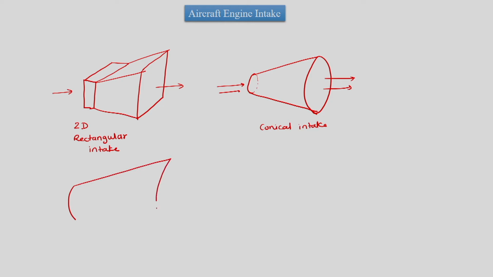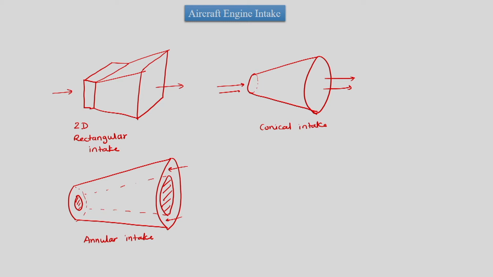This cone would have a passage which is an annular passage, and flow goes through the annular passage and does the necessary pressure rise. So this is an annular intake. Intakes in general might have different shapes.